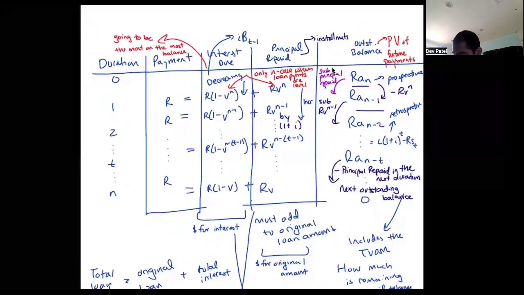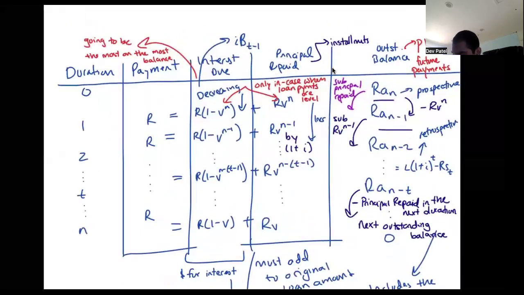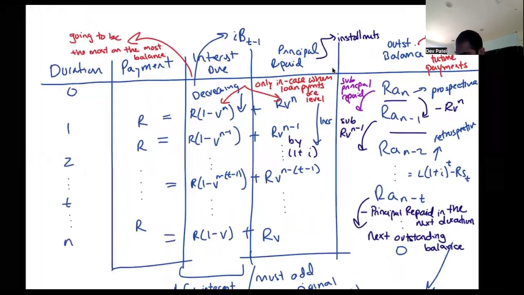This is how much of the loan still needs to be paid out. It's also referred to as the present value of future payments. Principal repaid now: if you sum up all of your principal repaid, that should get you to the original loan amount, because this is how much of the current payment at each duration is for the original loan amount.